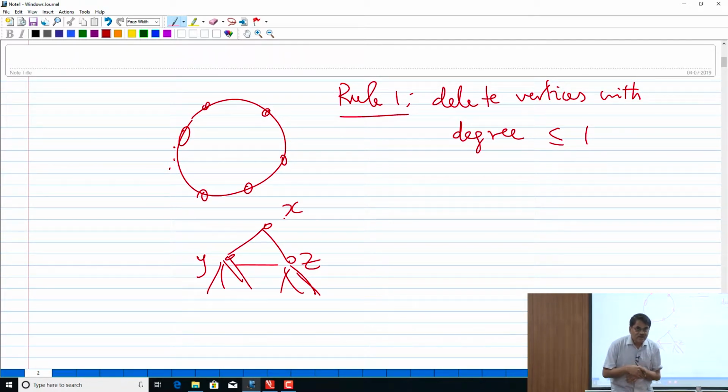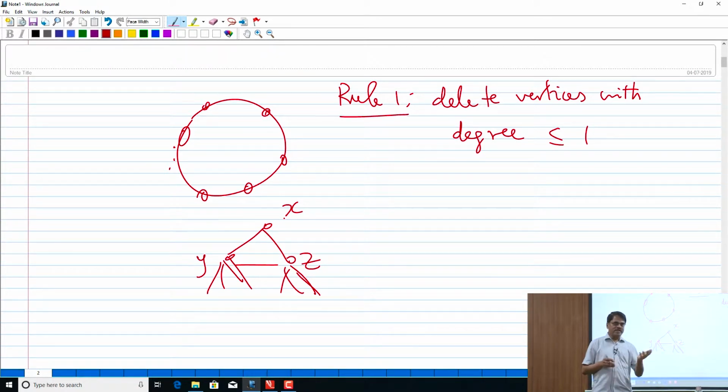Should I choose x? No, that's not a wise strategy, right? Because x is not really doing so much of a job. I could actually choose y or z. But you don't know, x may not even be part of a cycle, so all possibilities are there. Somehow I want to pre-process it and maintain the cycle structure.